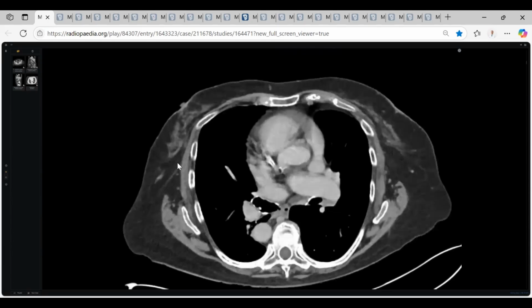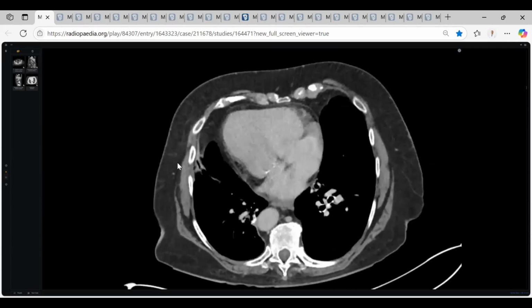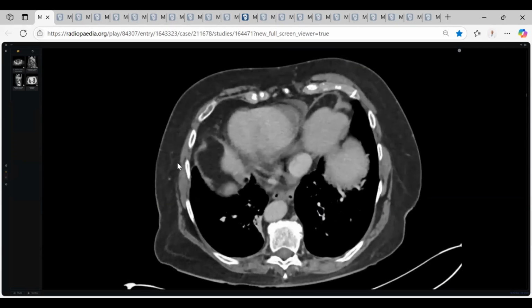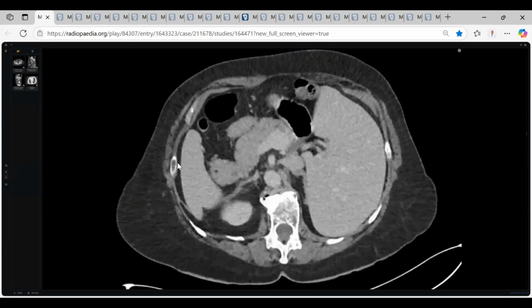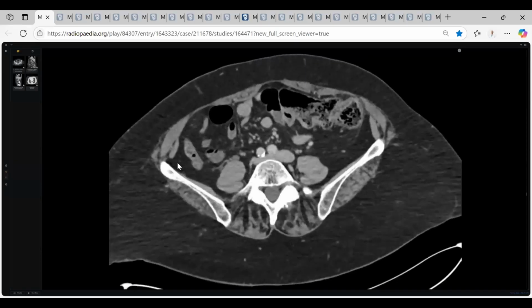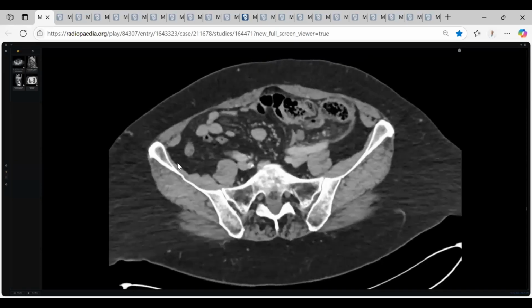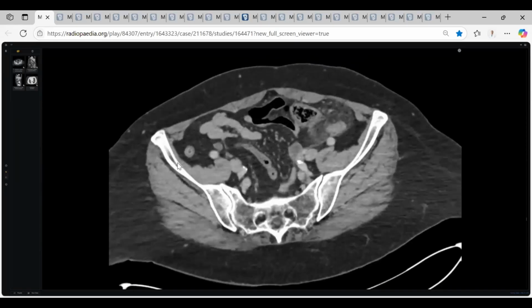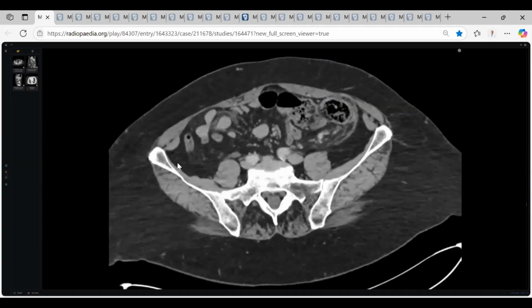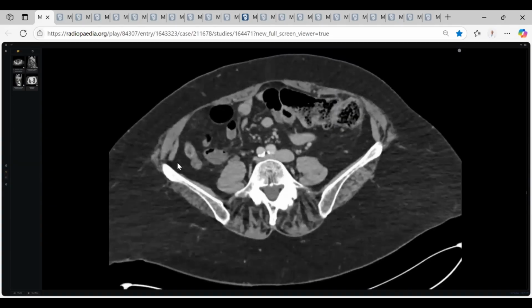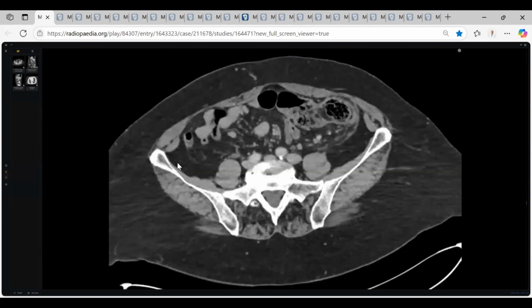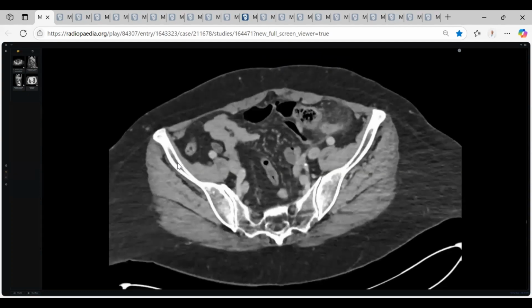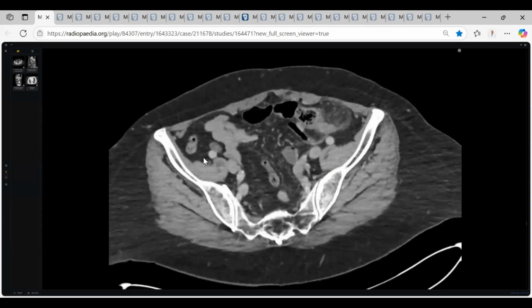Second, when you change to lung window, you pick up the bronchiectatic changes, and then you pick up this localized fat infiltration or fat smudging surrounding a blind-ended hollow viscus. This one is appendicitis.